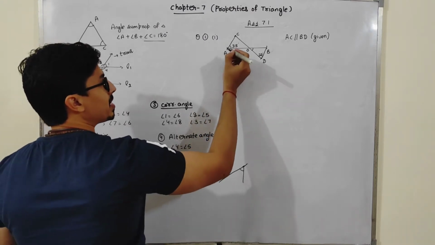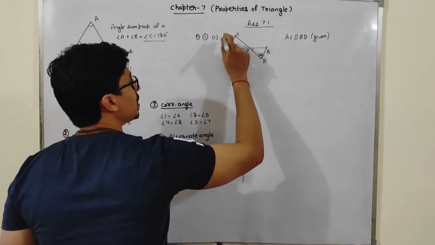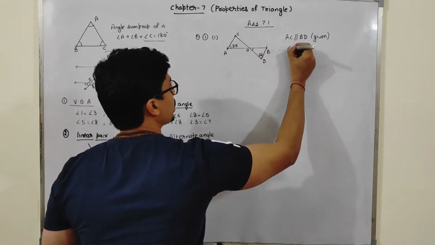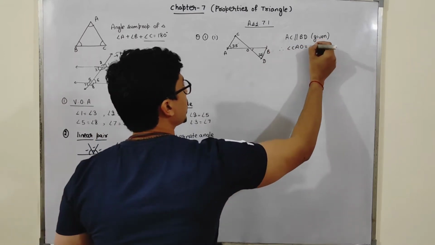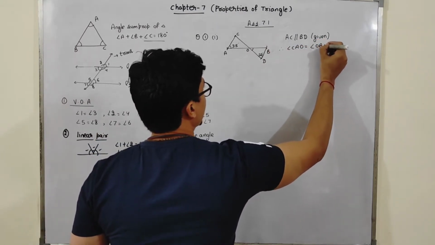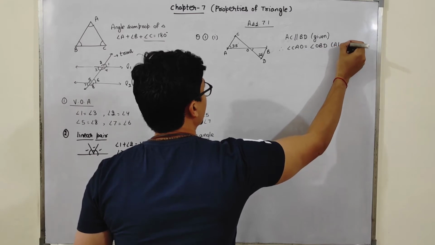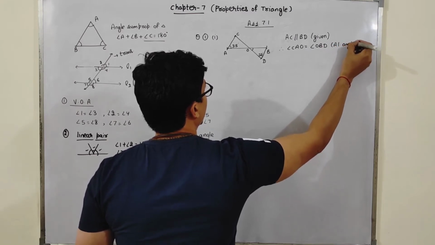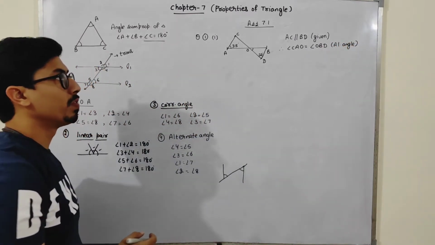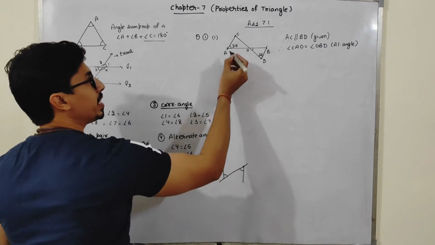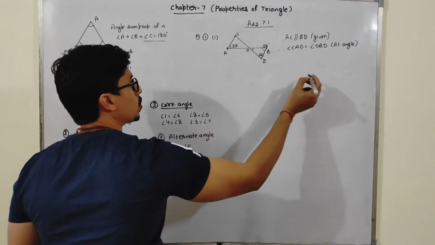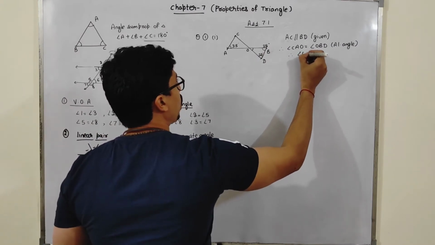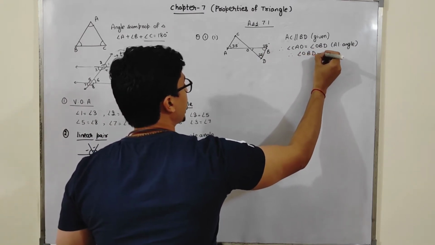So I can say that angle CAO is equal to angle OBD by alternate angles. Both of these are equal. So now see, this is 35, so this is also 35 degrees. So angle OBD is 35 degrees.